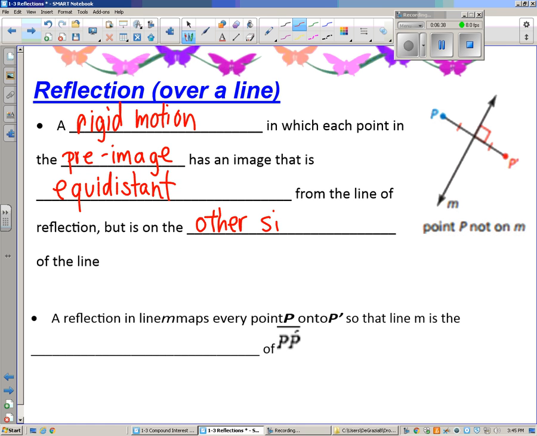So it's like it hopped over the line. A reflection in line M maps every point P onto P prime so that line M is the perpendicular bisector of PP prime.